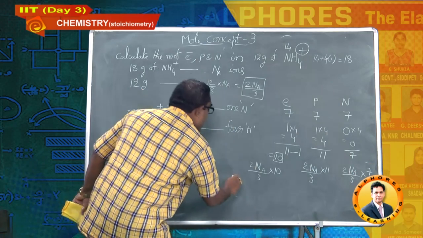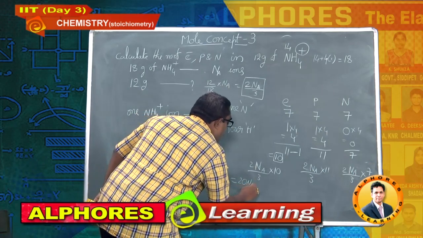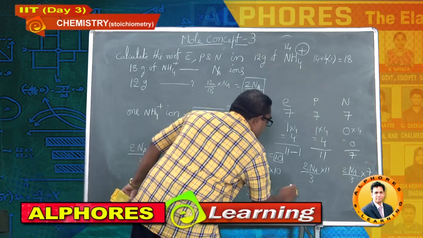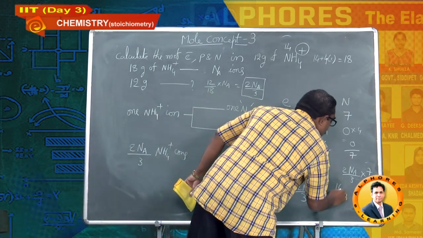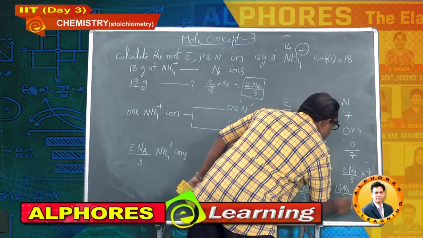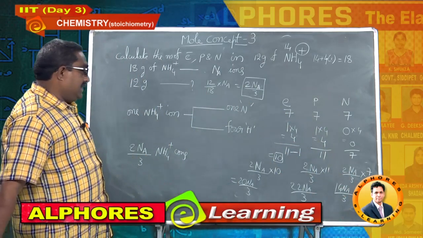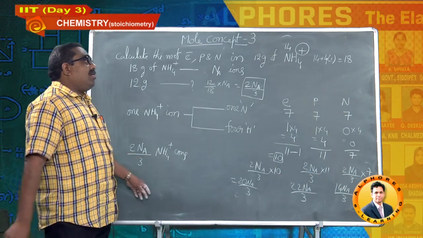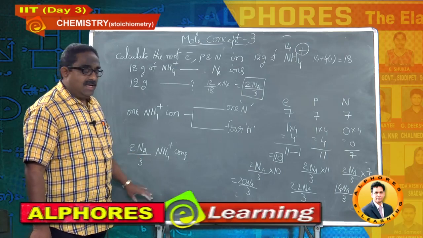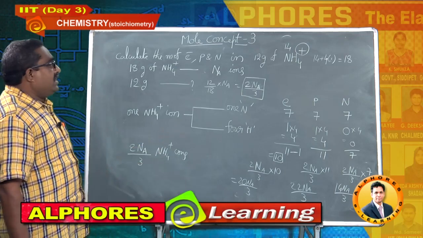So finally you can write 20Na/3, 22Na/3, 14Na/3. So these are the final answers for all the individual fundamental particles: electrons, protons and neutrons.